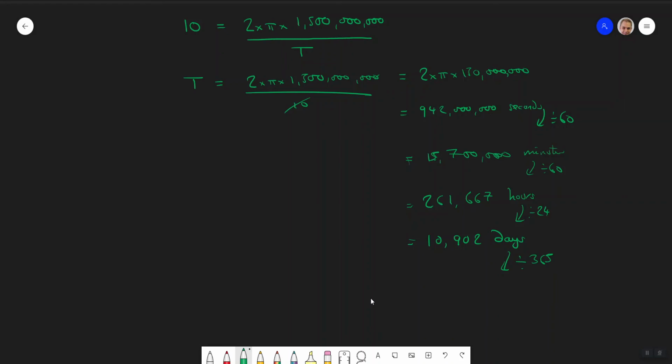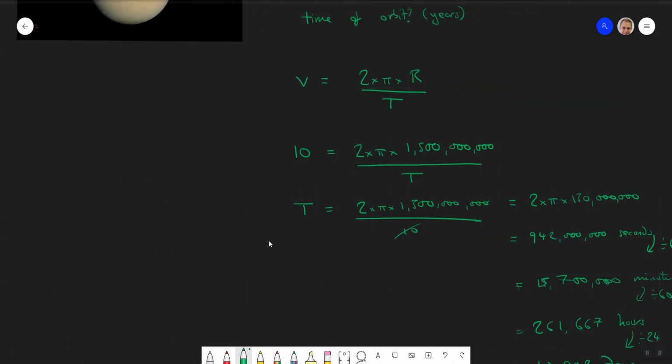I get 29.9 years, or around about 30 years. So if I lived on Saturn, I would be 1 1/3, because I would have only gone around the Sun once. So that's the mathsy bit of this part.